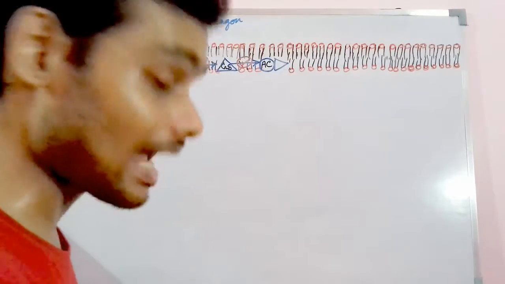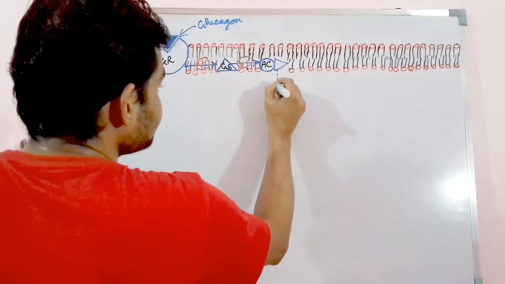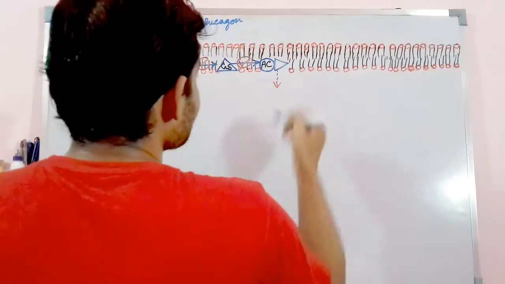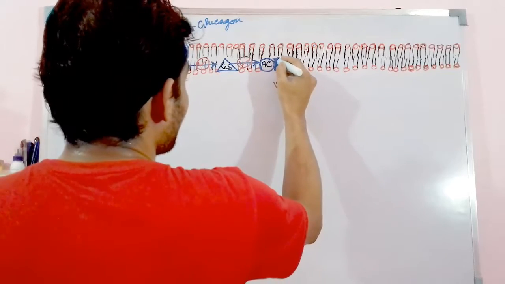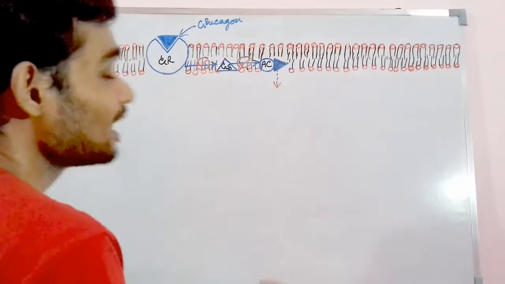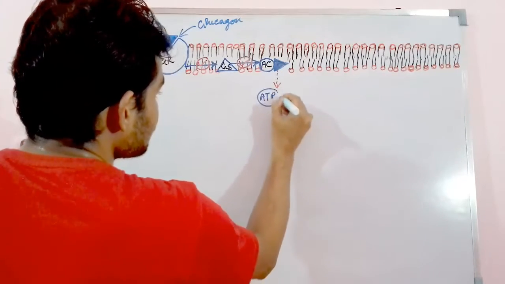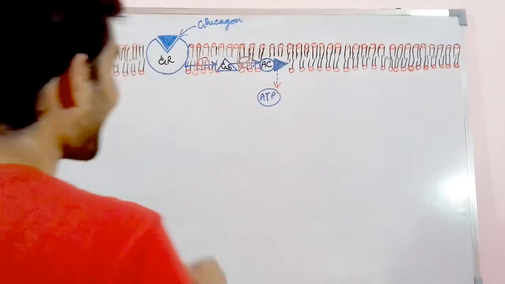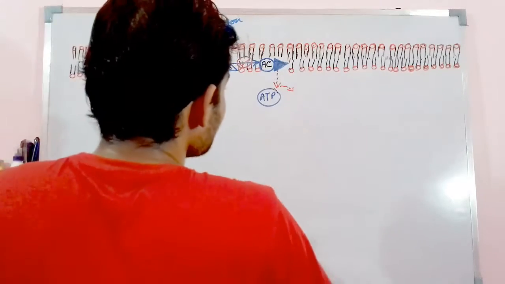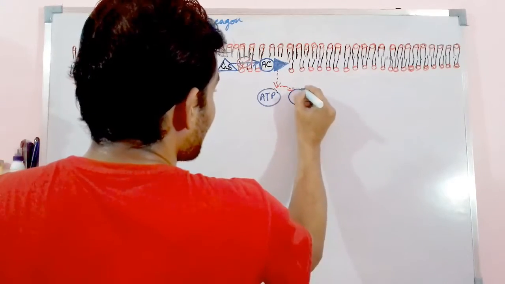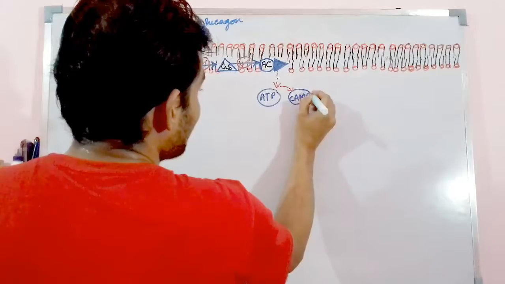molecule called adenyl cyclase. Thus, adenyl cyclase helps in converting the ATP, or adenosine triphosphate molecule, to cyclic adenosine monophosphate, that is, cAMP.